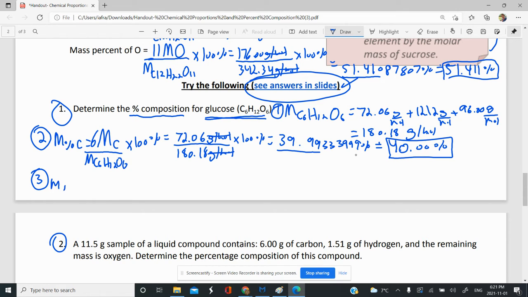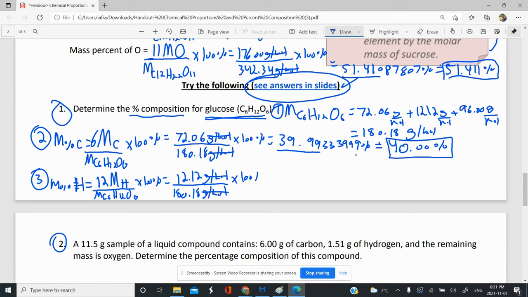So let's do the mass percent of hydrogen. It is equal to 12 times the molar mass of hydrogen over our molar mass of our compound of glucose, which is C6H12O6, times 100%. And that will give us 12.12 grams per mole over the 180.18 grams per mole.